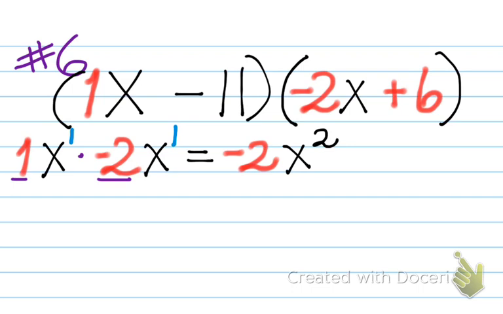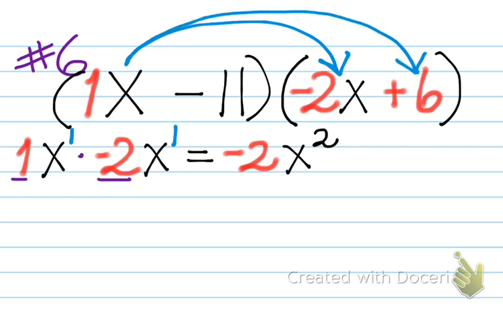Since we've already multiplied the first polynomial times the first polynomial, we now need to multiply the first times the second polynomial. So we have 1x times positive 6.